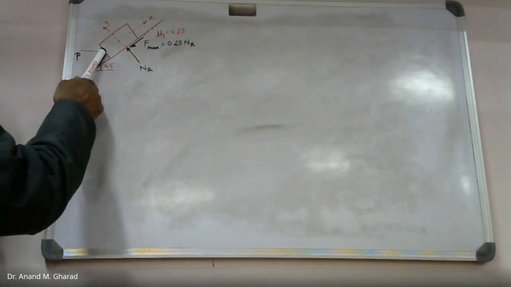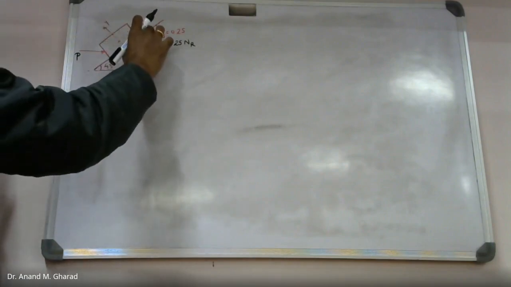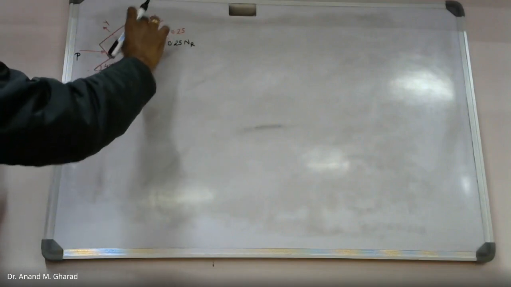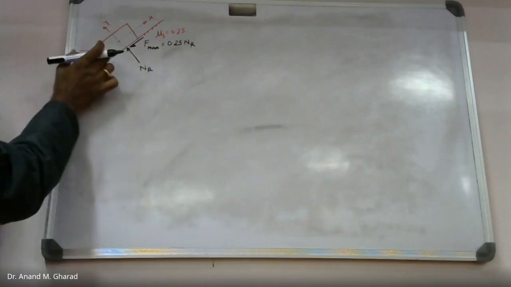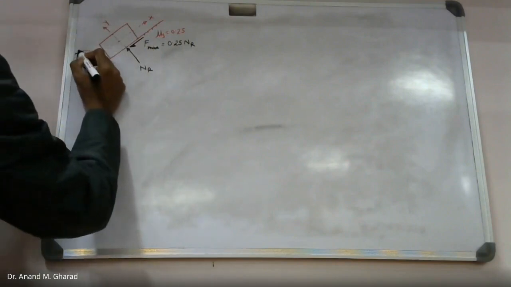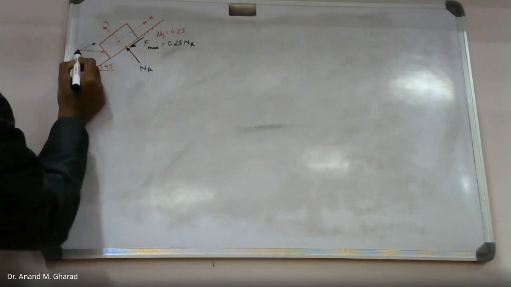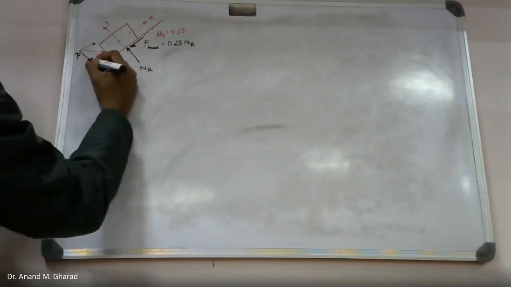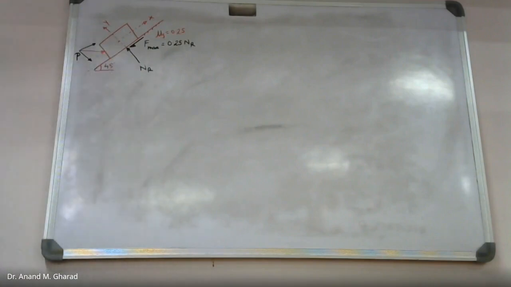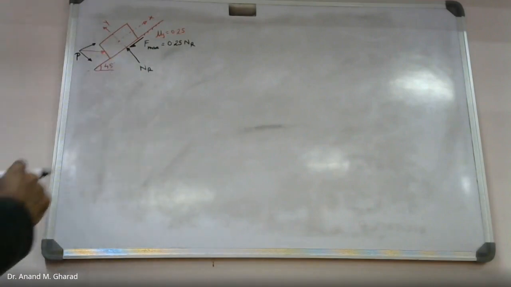This is inclined. See, you can consider this to be fixed. You can consider this as true x and true y, and consider this as inclined. So in that case, this will be the situation. Do you agree?